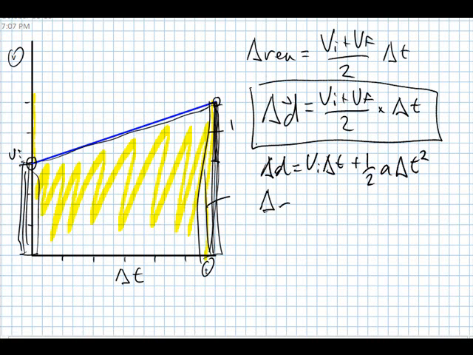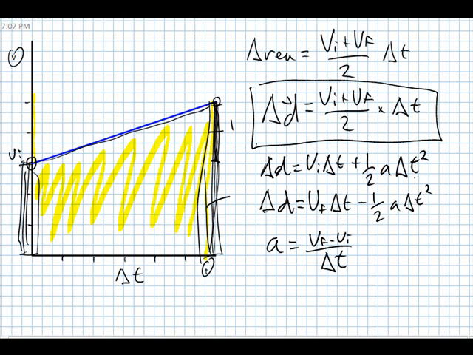We have delta d is equal to vf delta t minus 1/2 a delta t squared, which has no initial velocity term in it. And we had our definition, acceleration is equal to vf minus vi over delta t, which has no displacement in it. But you'll notice that time is in all of these.